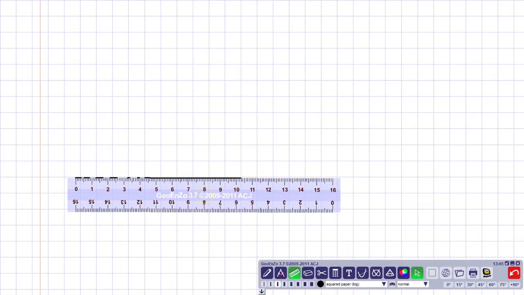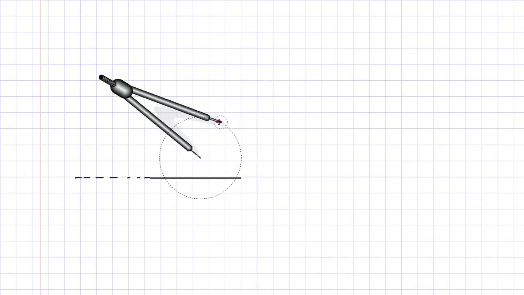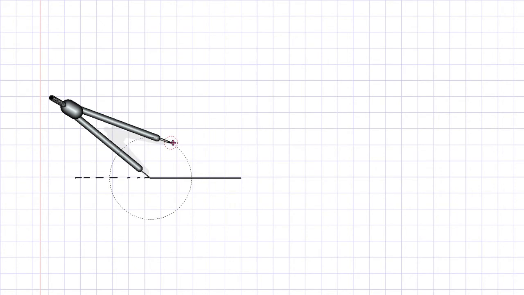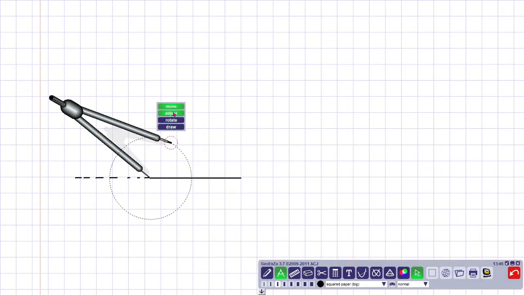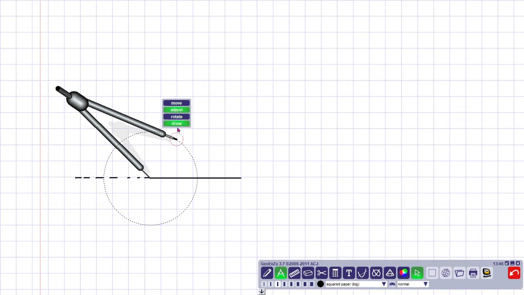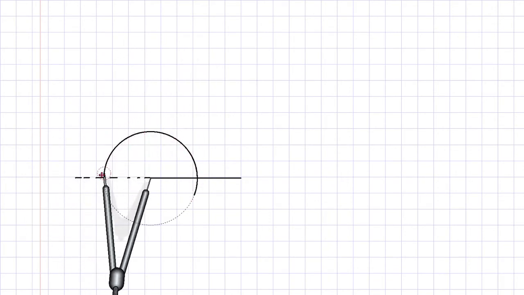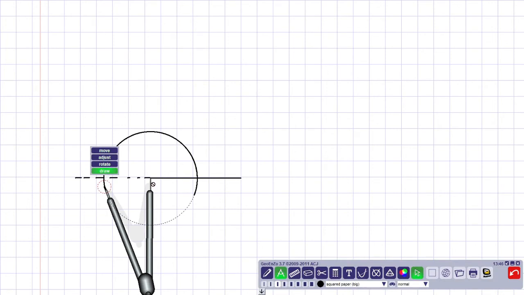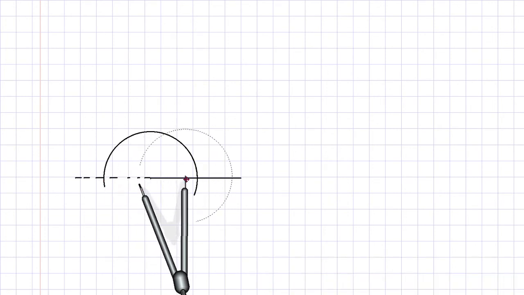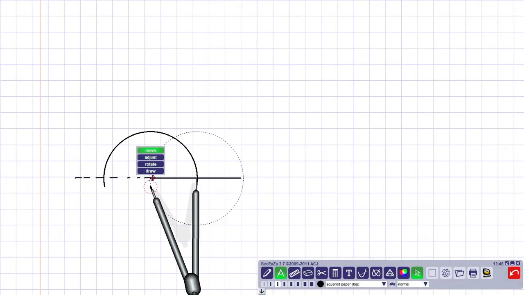Now take the compass and draw an arc this way. Now place the compass here.